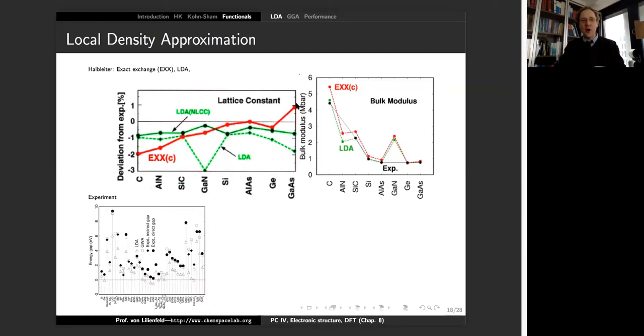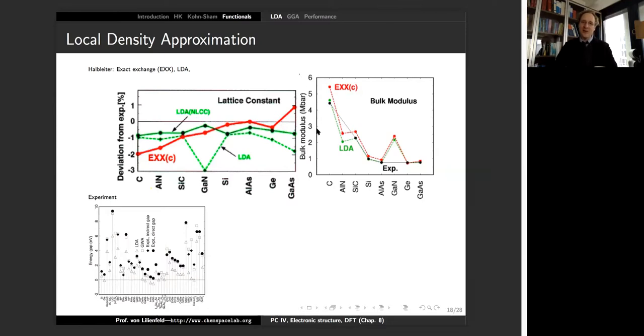If you ignore all electron correlation effects and you basically just go with Slater's and Dirac's exchange, then you would get this red curve, right? And that's much worse. So electron correlation matters, okay?